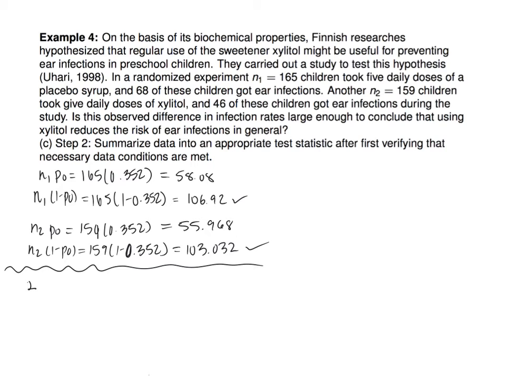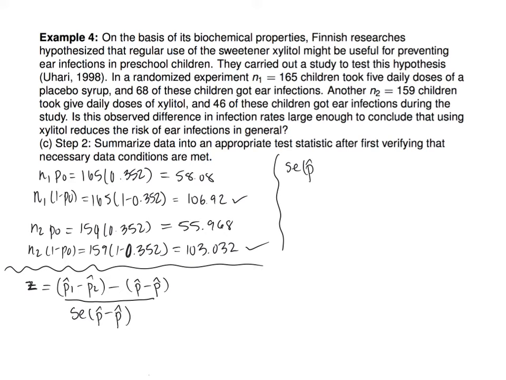So our Z statistic is p1 hat minus p2 hat, minus the null value, over the standard error of p1 hat minus p2 hat. So let's find that standard error. Remember that's the square root of p hat times 1 minus p hat over n1, plus p hat times 1 minus p hat over n2.